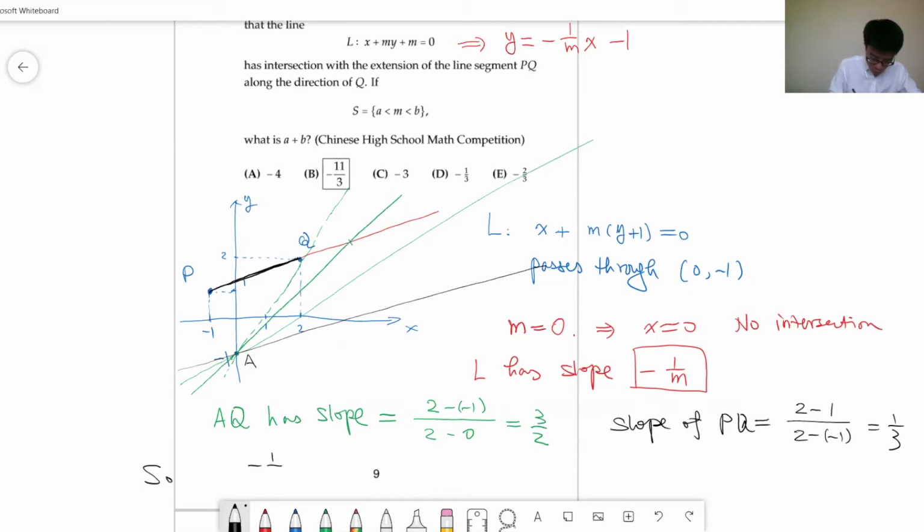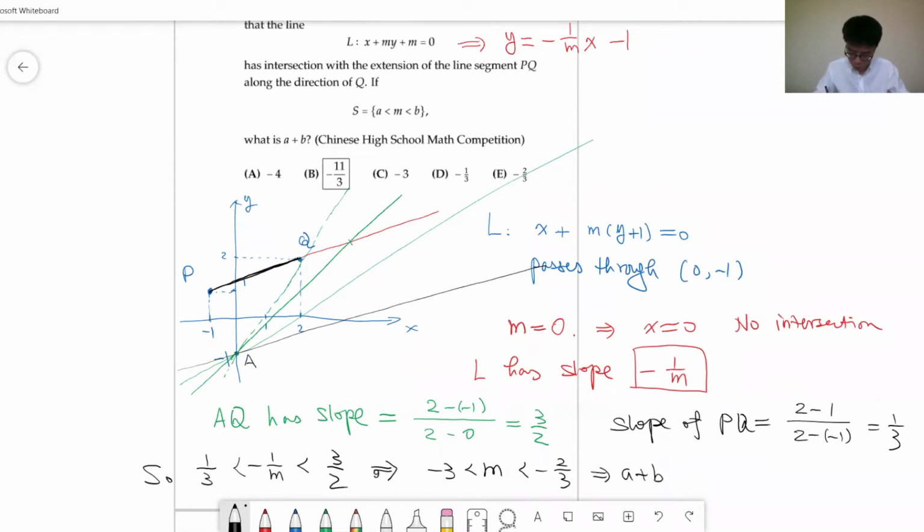So minus 1 over M is strictly between 1 over 3 and 3 over 2. From here, we can solve the range of M: minus 3 less than M less than minus 2 over 3. And then we know what A is. A is minus 3, B is minus 2 over 3. A plus B is minus 3 minus 2 over 3, which is minus 11 over 3. The solution is B.